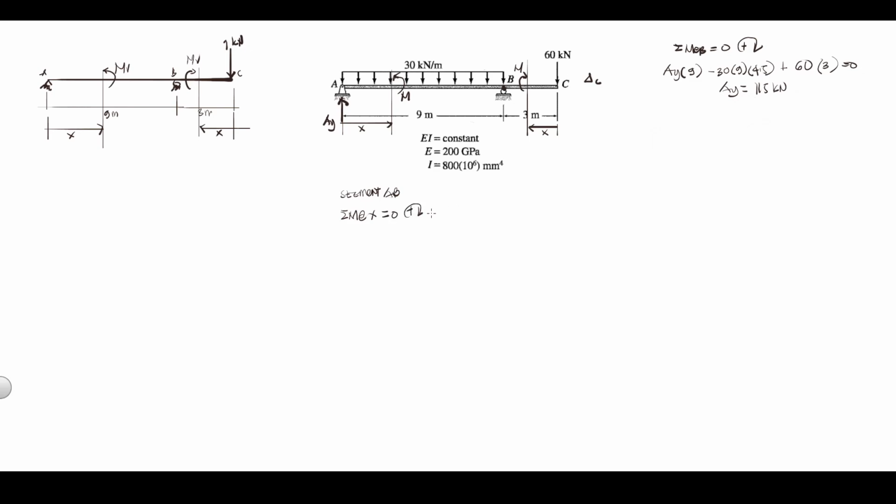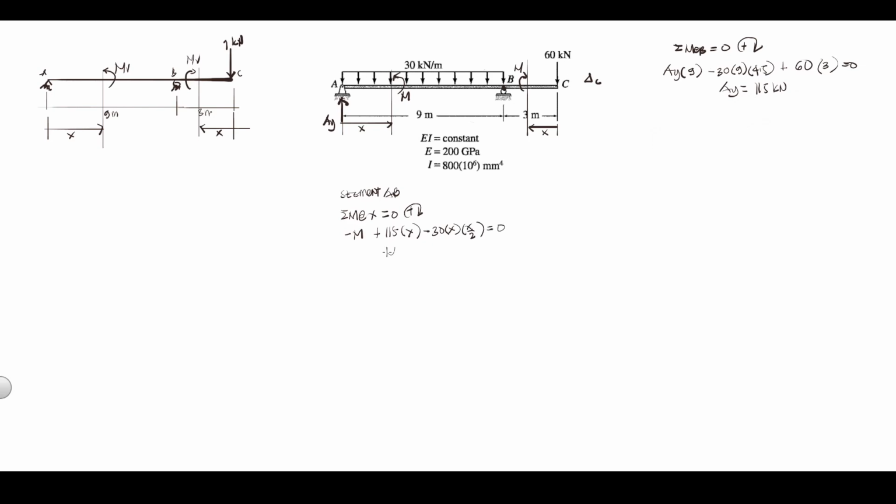So I have here negative M, and then we have positive AY, 115 times X. And huwag mong kalimutan yung uniform distributed load, kasi ito yung consider natin, itong left part na to, kasama yung M. Ang ikot niya sa ating X is counterclockwise, so negative 30 times X all over 2 is equal to 0.